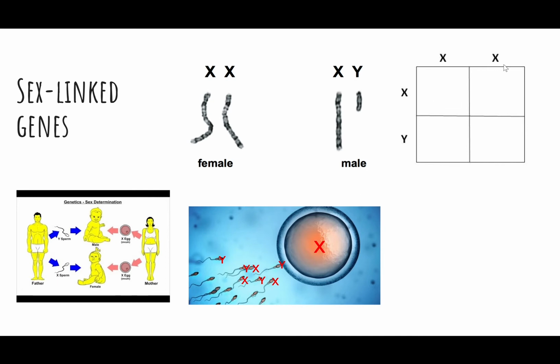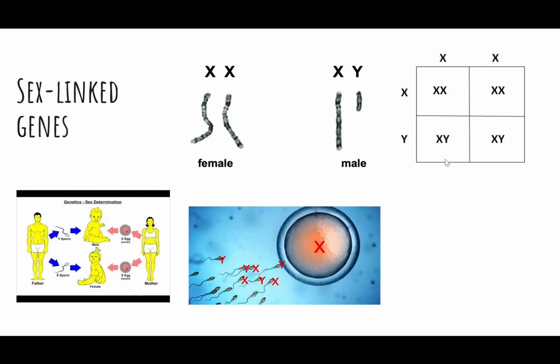So we can actually even fill out a Punnett square for this, right? So we have the mother up here on the top. So we have X, X, and then the father on the side, XY. And so you can see here, if we fill it in, then you would have 50% of the offspring should be female, 50% of the offspring should be male.